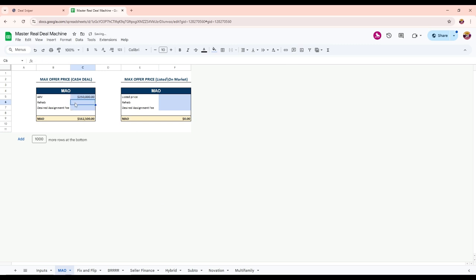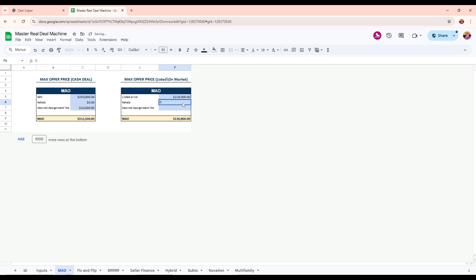So in this situation, I'm going to put zero for the rehab. And then obviously I want to make at least $10,000 on the deal. That means that my MAO, max allowable offer, is $152,500. Now let's do the exact same thing. Now it's on market, $218,000.